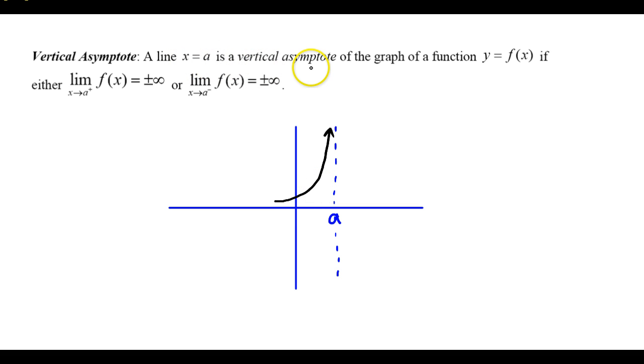So whenever you write a vertical asymptote, it has to be of the form x equals some number. Or I could also have the function going down towards negative infinity as I get closer to a from the left. Or I could have the function go towards positive infinity as I approach a from the right, or down towards negative infinity as I approach a from the right. So as long as any one of these four possibilities is happening on the graph, then x equals a is a vertical asymptote of the function y equals f of x.